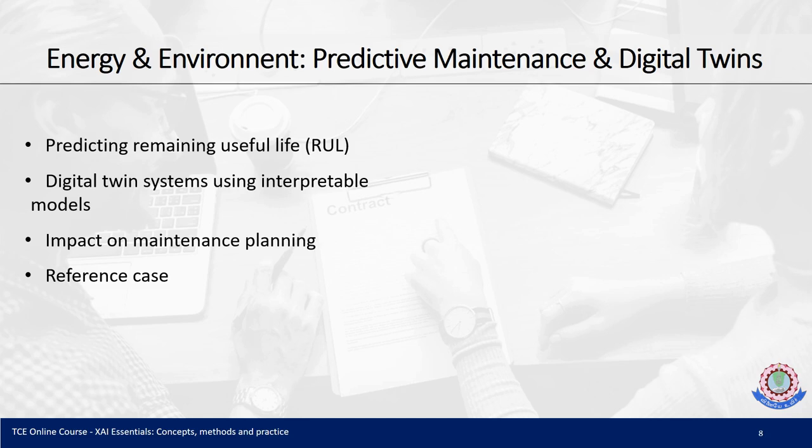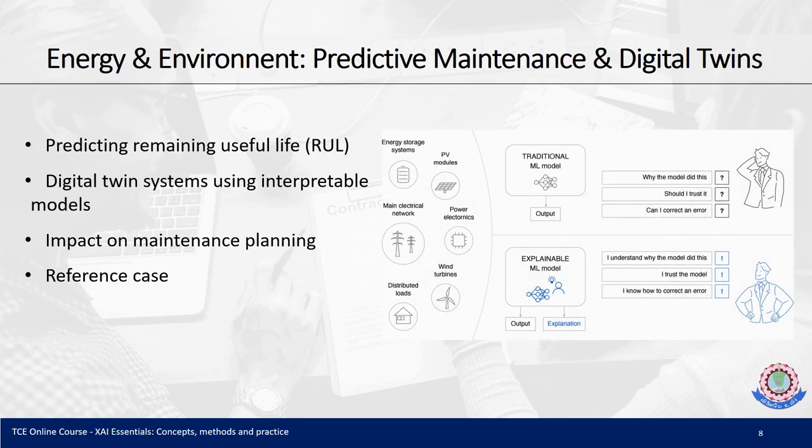From that sensor, how can I believe that this prediction is correct? So a case study in an explainable digital twin system used interpretable ML to explain predictions, making AI recommendations actionable for maintenance teams and improving trust in these systems.